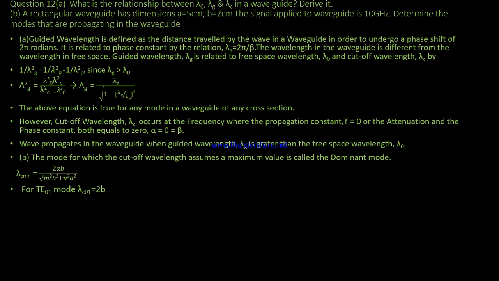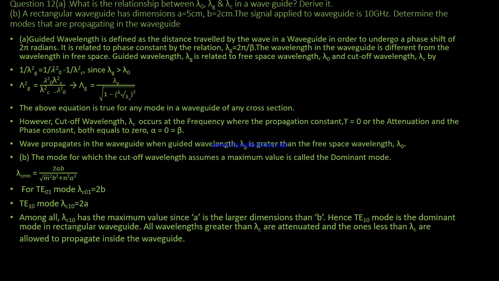For a TE01 mode, the cutoff wavelength will give 2b, that is, 2 times dimension b of the rectangular waveguide. And for TE10 mode, the cutoff wavelength will be 2 times the dimension a of the rectangular waveguide.